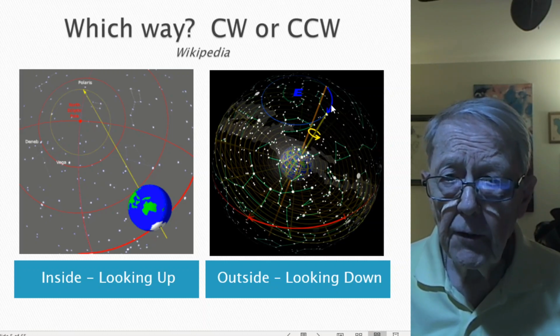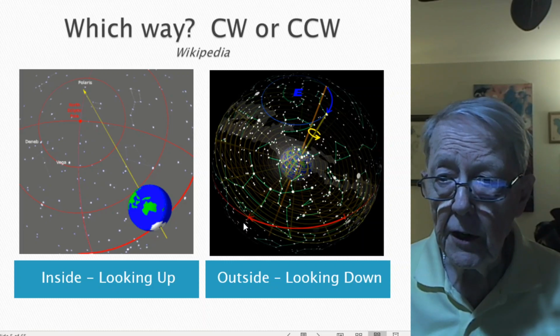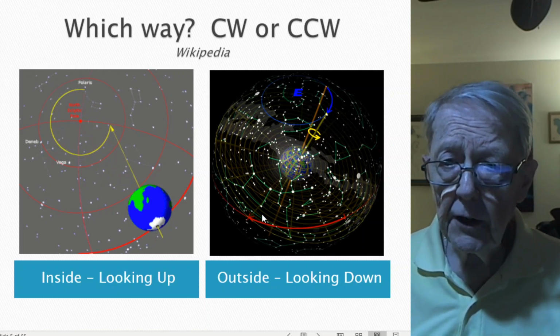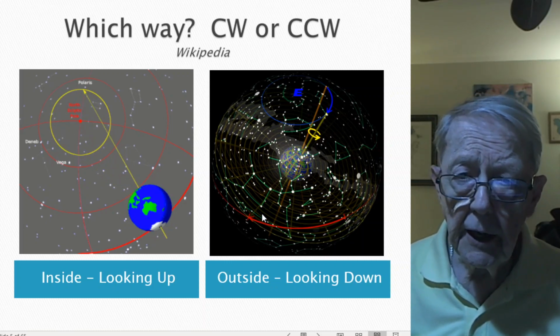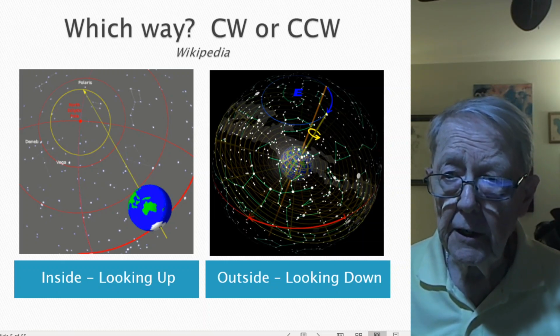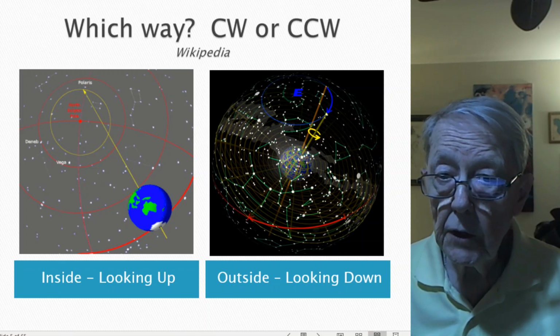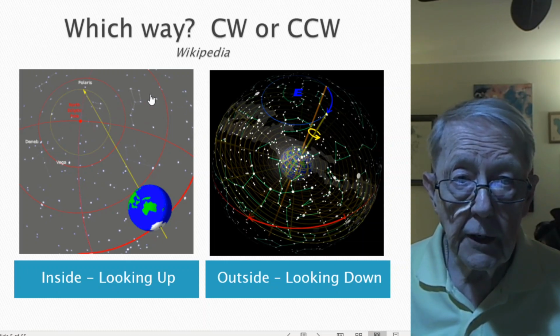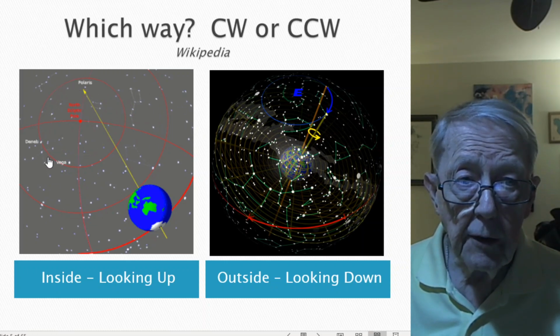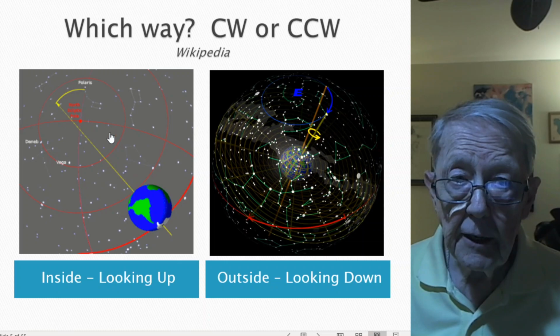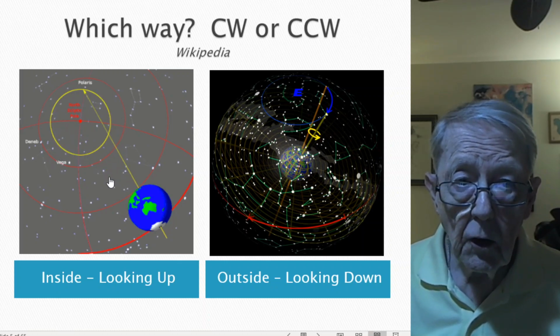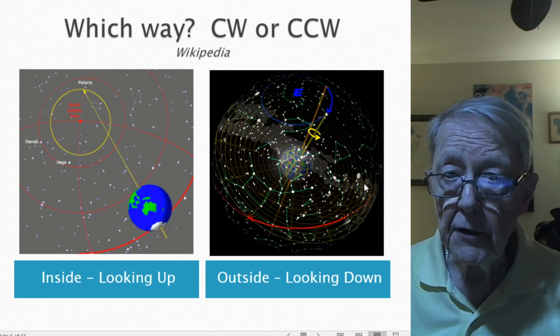Here's a different view of this. This is a celestial sphere. This sphere is very much like what you get at a planetarium when you're sitting down and there's a domed surface above you. So this would look like what you would see inside a planetarium, looking up at the celestial sphere.